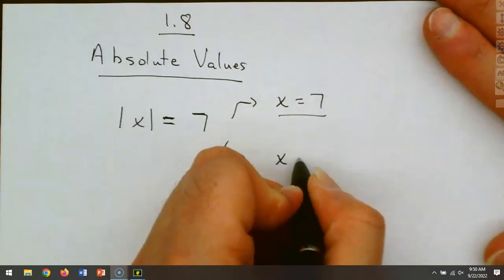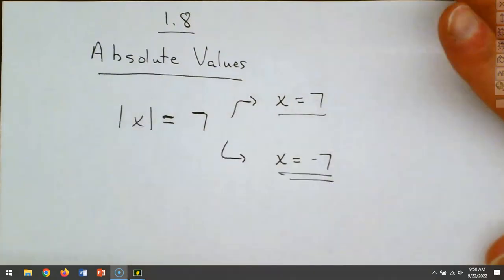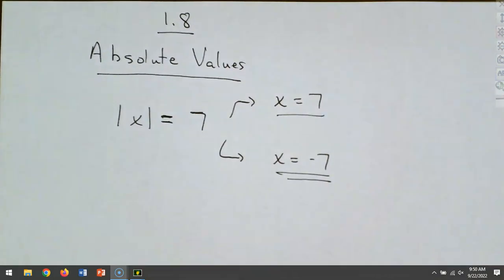Negative 7. And why would that one work? Because when you take the absolute value of a negative number, what comes out? Positive, right? And the absolute value of 7 is 7. The absolute value of negative 7 is also positive 7. So when we work out these absolute values, we're going to have to get 2 equations, and we're going to have to solve them separately from each other.